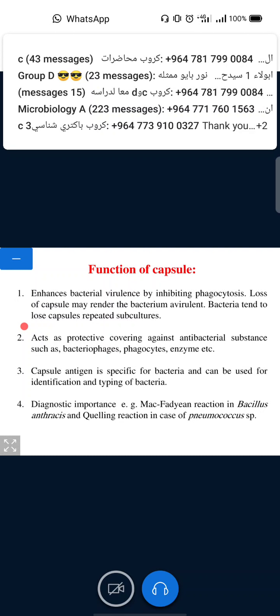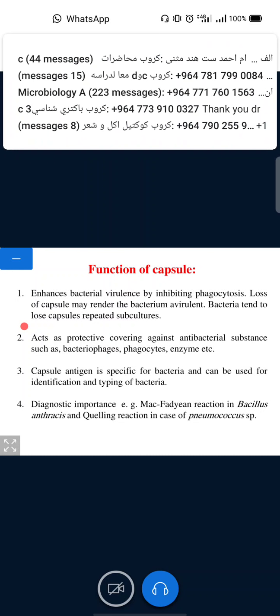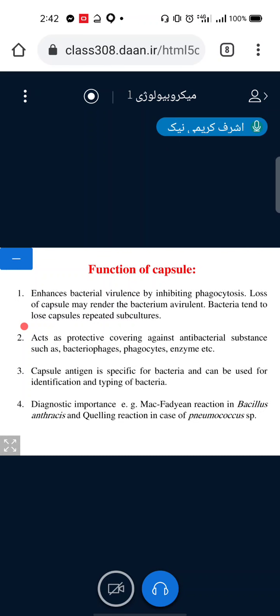Capsule antigen is specific for bacteria, and you can prepare a suspension on a slide, use antiserum related to the capsule on it, then stain with methylene blue and observe in the microscope.